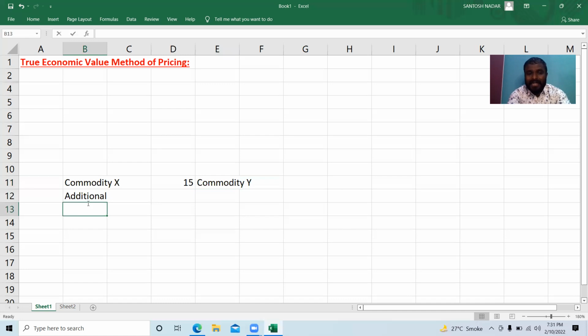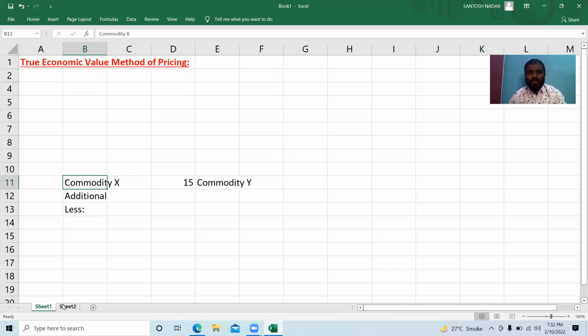I will deduct that much amount from my price. The resultant price will be the price for my commodity Y. In simple words, I'm taking the base as the price of commodity X, and I will try to find out the differential between the values that my commodity possesses as compared to commodity X. That is what is called the true economic value method of pricing.